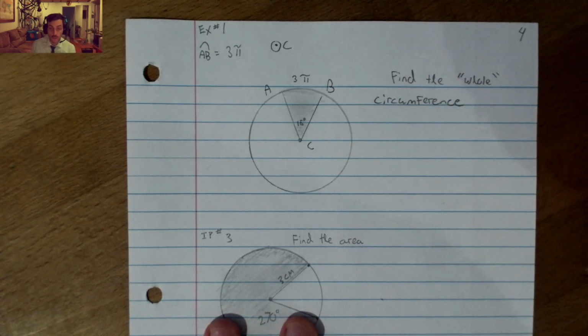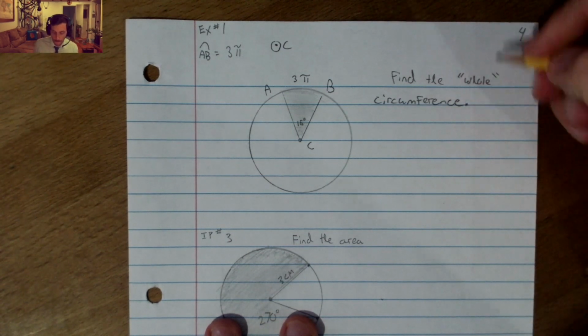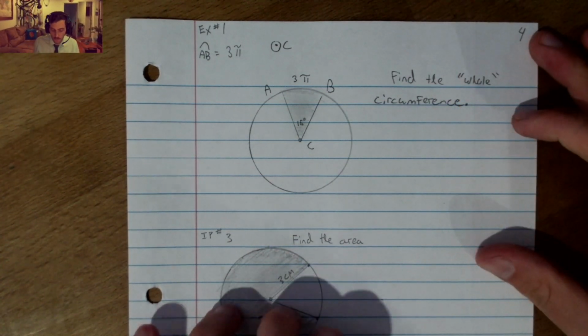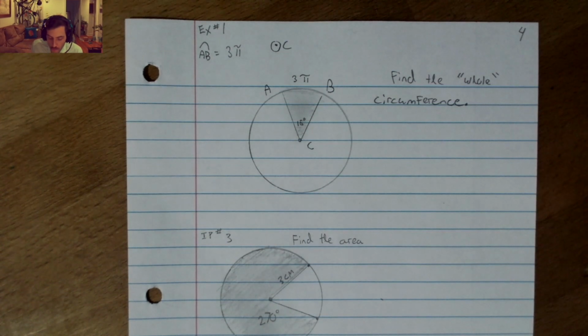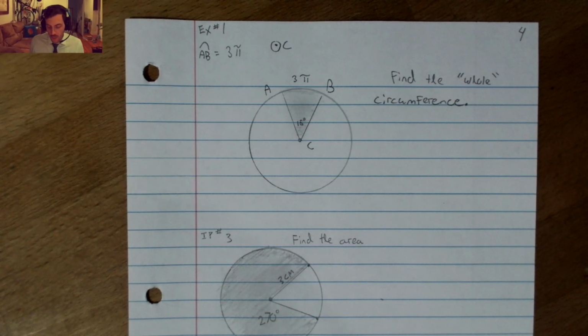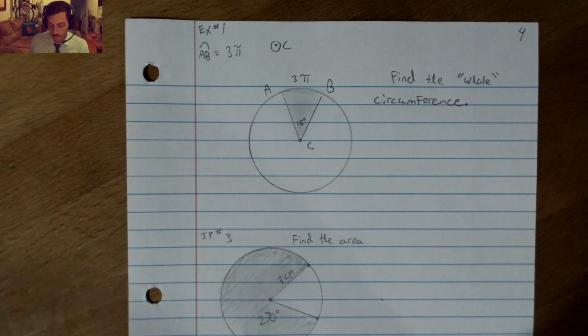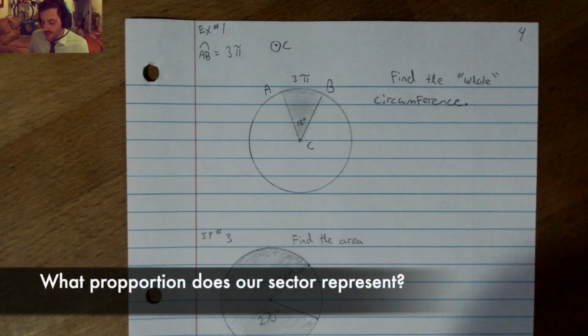So you might see this worded in different ways. You might see find the whole circumference, or your question might be presented as find the circumference of so-and-so figure or so-and-so example, basketball rim, ball, things like that, frisbee.